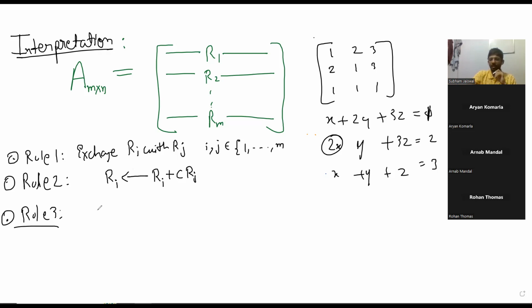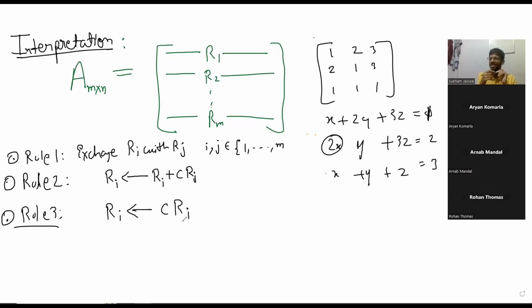So this rule 2 is analogous to what we do when eliminating variables while solving linear equations. It is just that, but you are forced to say it in terms of rows. And the third one is: you replace Ri with some constant times Ri.